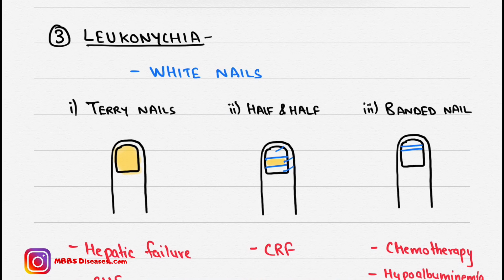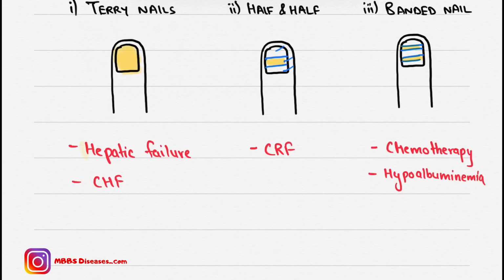We have multiple bands of white nail here. If this part is white and this part is white, then it is a banded nail. The terry nail is common in hepatic failure and CHF. Half and half nail is common in CRF, chronic renal failure, and banded nail is common in chemotherapy and hypoalbuminemia.